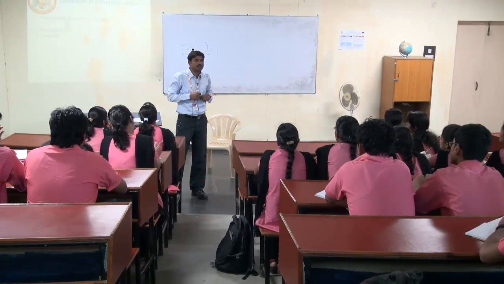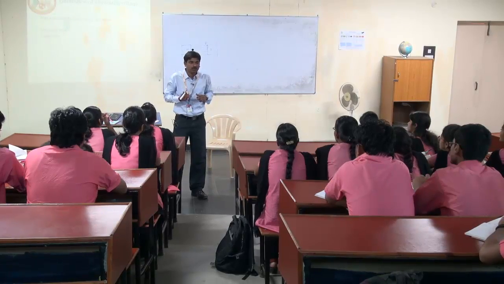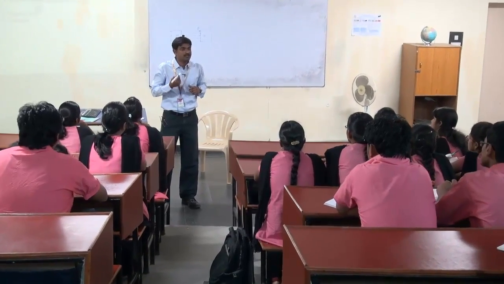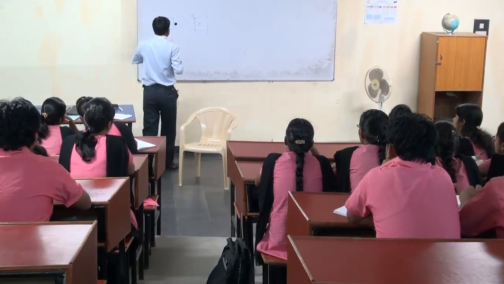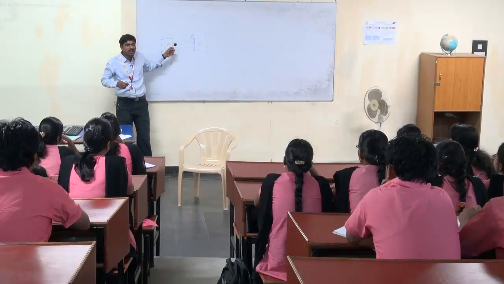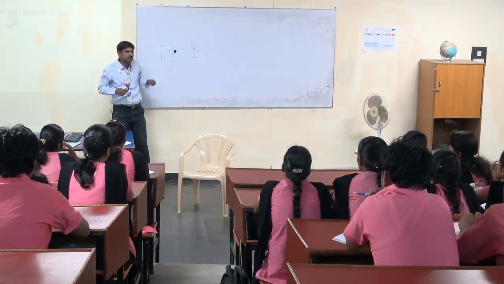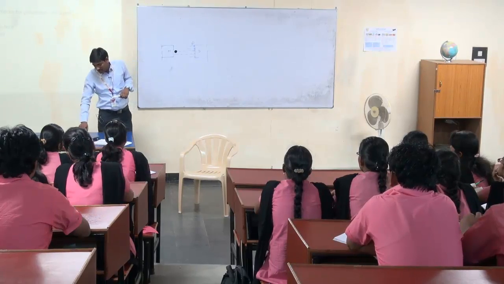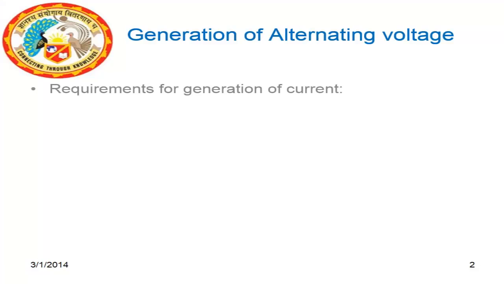For that reason, we have to have motion of the conductor. We have to move the conductor in this magnetic field in such a way that the conductor cuts the magnetic field. So an EMF will be induced in the conductor, right? So the third requirement is the motion of the conductor. Once the EMF is induced in the conductor, we can determine the direction of the induced EMF by using Fleming's right hand rule.